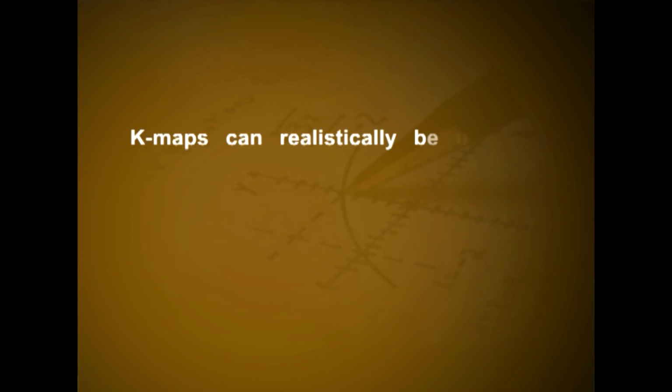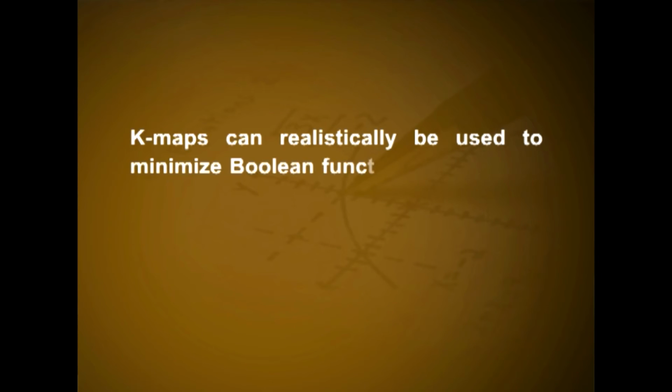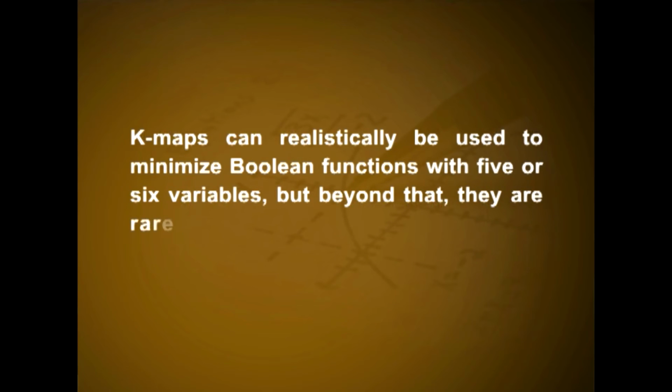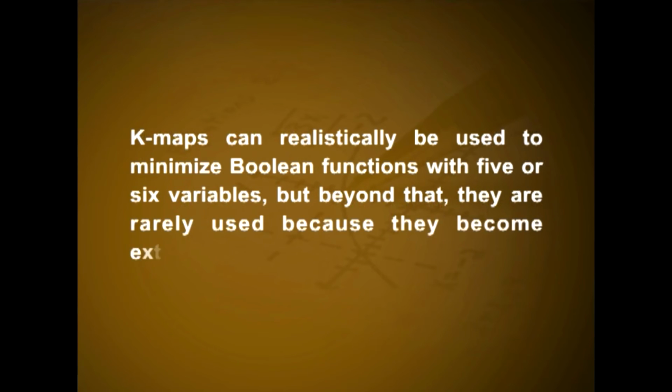The largest possible blocks are always used. K-maps can realistically be used to minimize Boolean functions with 5 or 6 variables, but beyond that they are rarely used because they become extremely complicated.